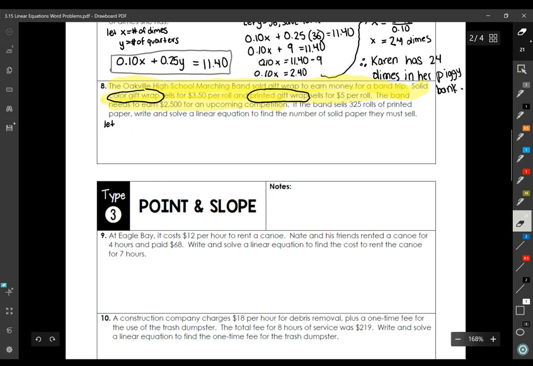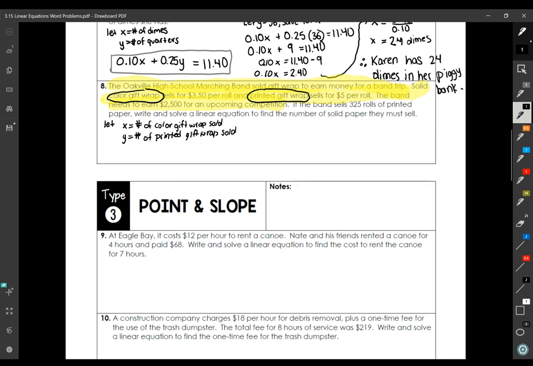So let x be the number of color gift wrap sold, and y is the number of printed gift wrap sold. Okay, it's important to make this distinction. The number of colored gift wrap sold.